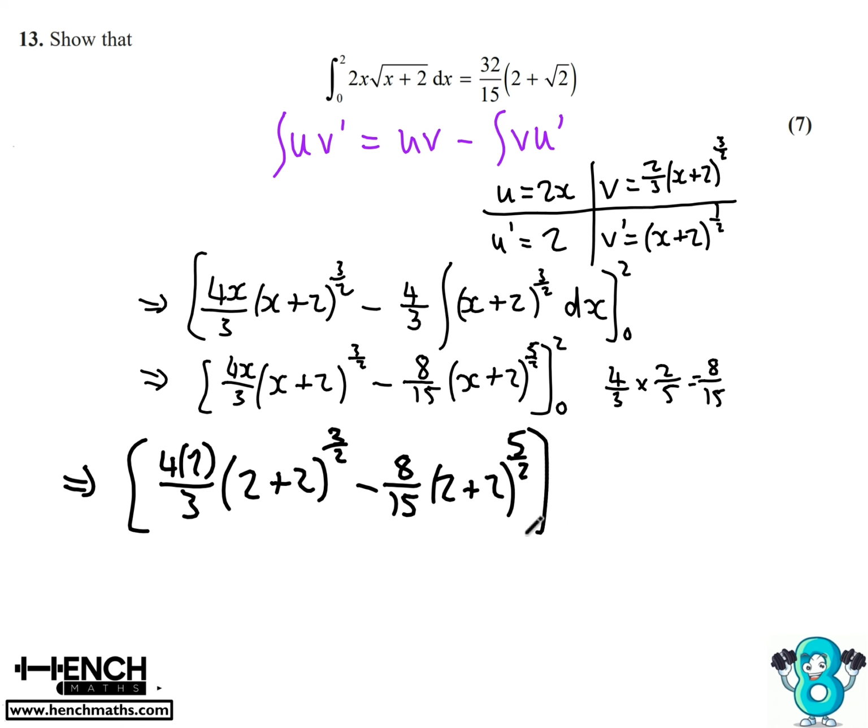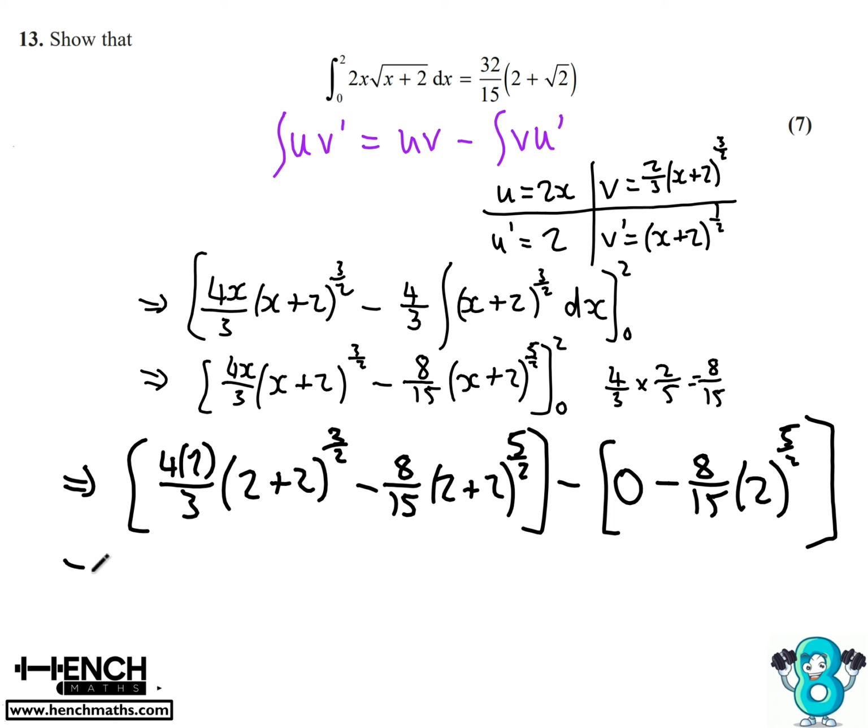So that's subbing 2 in. We're going to subtract. Now we're going to sub 0 in. Now because we've got 4x times something, well if x is 0 that's all going to disappear. But we will get something for the next thing. So we're going to get negative 8 over 15 and then (0 plus 2), so it's going to be 2 to the power of 5 over 2. And that will be what we get when we sub in our two limits.